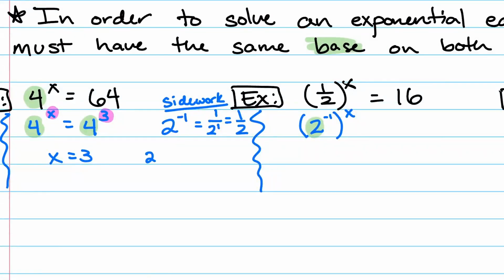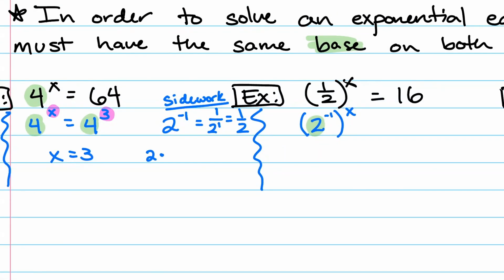If I have one 2, that is not 16. If I have another 2, 2 times 2, that gives me 4, and that is not 16. If I multiply another 2, that's 2 times 2 times 2, which is the same thing as 4 times 2, and that gives me 8.